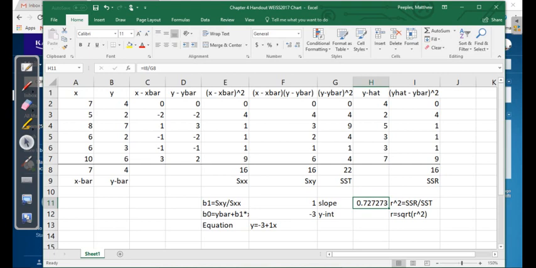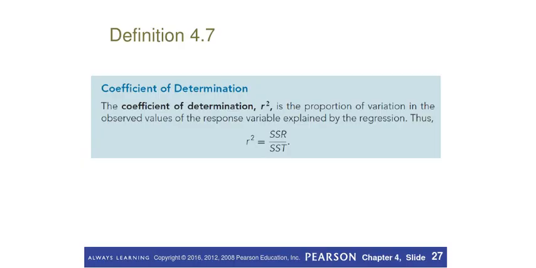Let's read this. There's a 72%, right? The proportion of observed values explained by the regression. So 72% or 73%, more or less, 72.72%, I guess, of the observed values could be explained by the regression.